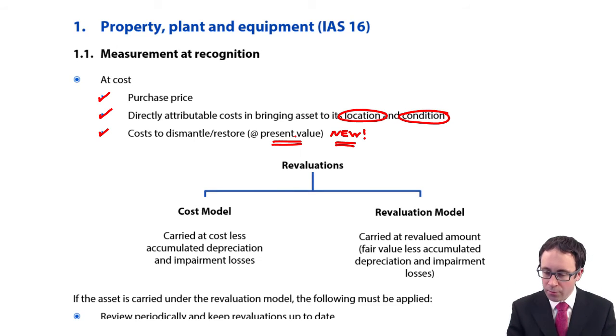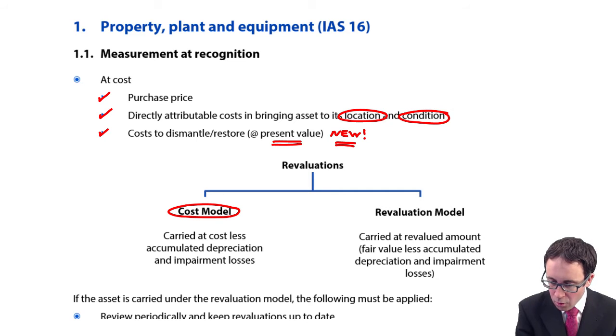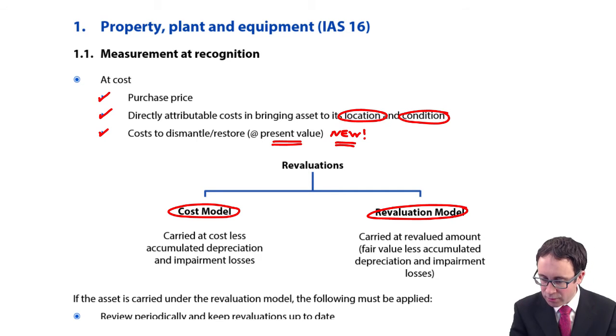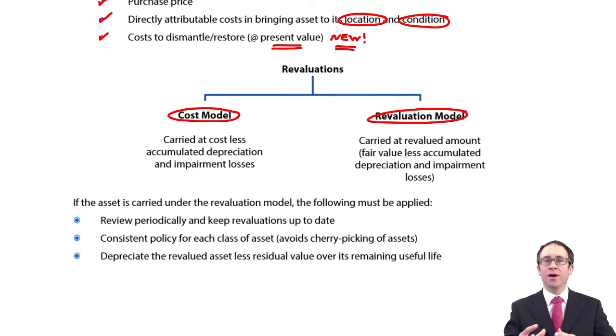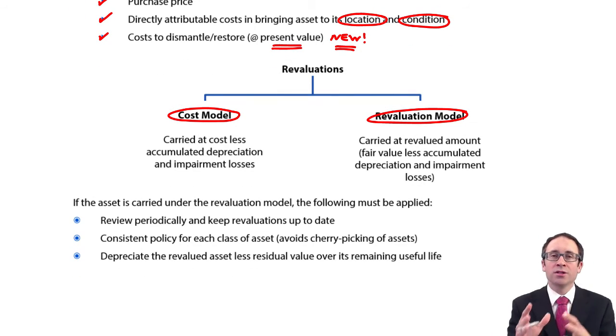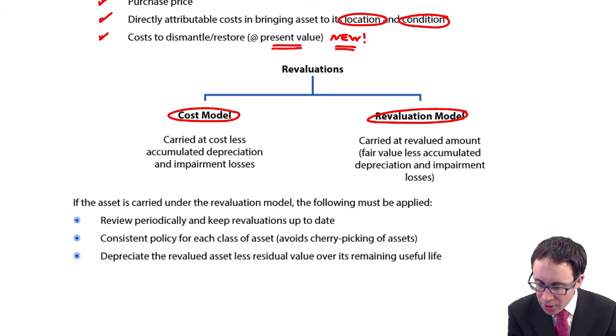Then we have the option, don't we? We have the option to either adopt the cost model or the revaluation model. Okay, so do you wish to go through there and carry it at cost? So cost less accumulated depreciation and any subsequent impairment losses, or do you want to go through there and have it at your revalued amount?